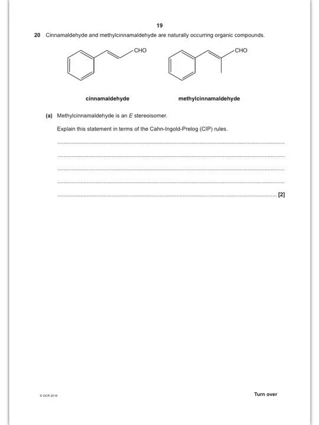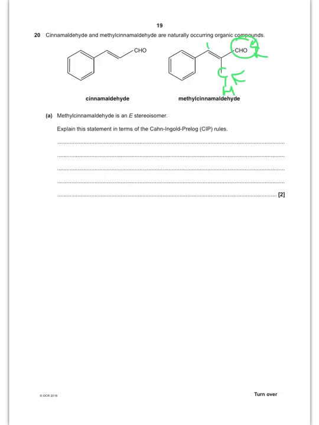Okay, so we need to explain why we have the E isomer. So you're looking for higher priority groups. So basically, if you compare these two groups here, this is going to be the higher priority group because although you start with a carbon initially there, the next atom along on this one will be a hydrogen, but on this one is an oxygen, and oxygen has a higher atomic number than hydrogen.